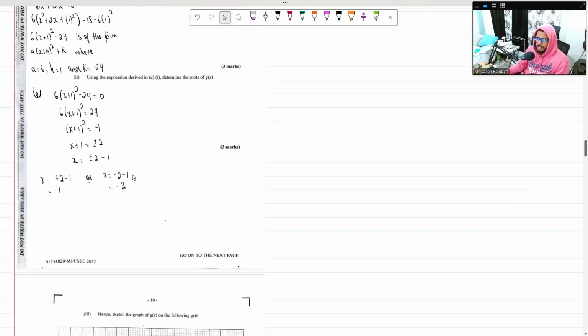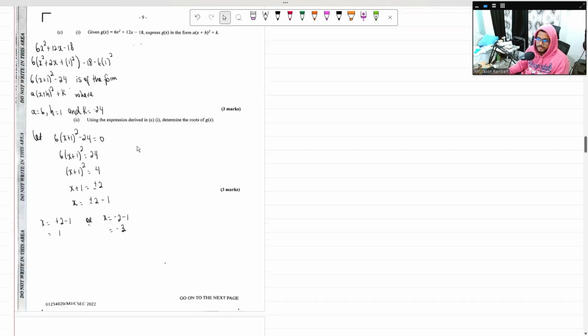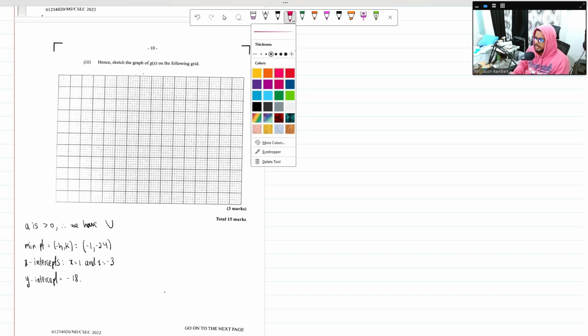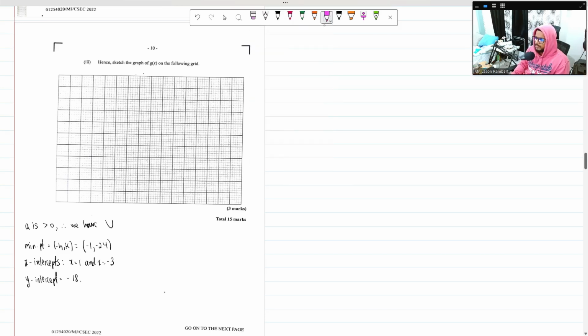And finally, the y-intercept is going to be c, which is negative 18. The y-intercept is equal to minus 18. So let me see how best we can draw this. I'll draw it in a color such that I can see it in the diagram.